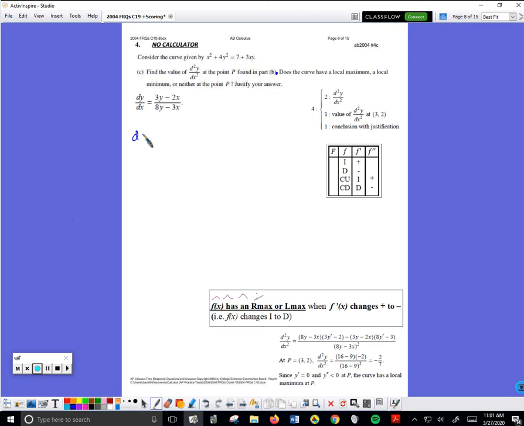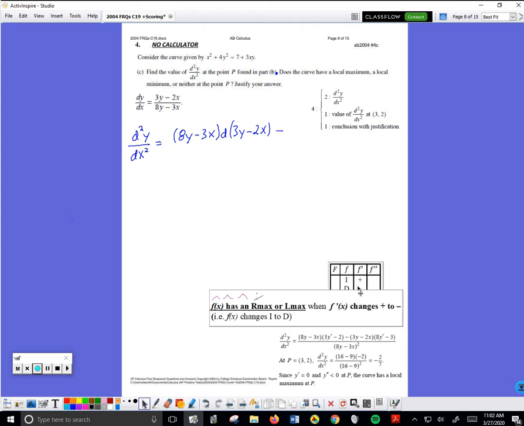So let's see, the second derivative, d squared y over dx squared will equal. The bottom must be in parentheses, multiplied by the derivative of the top. Minus, because it's the quotient rule. Let's move these out of the way for a minute. We'll put that up there actually.